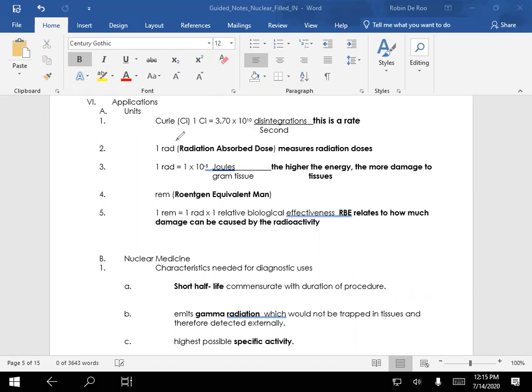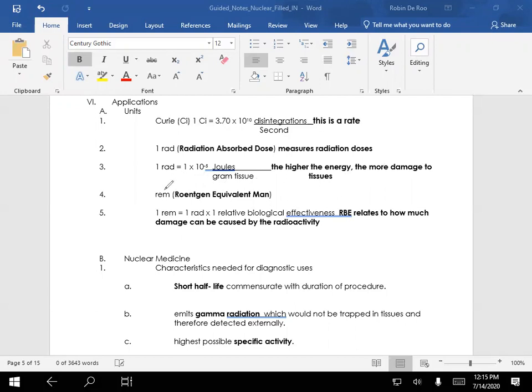A rad is a radiation absorbed dose. It measures radiation doses. So 1 rad is 1 times 10 to the minus 5 joules per gram tissue. The higher the energy, the more damage to tissues.